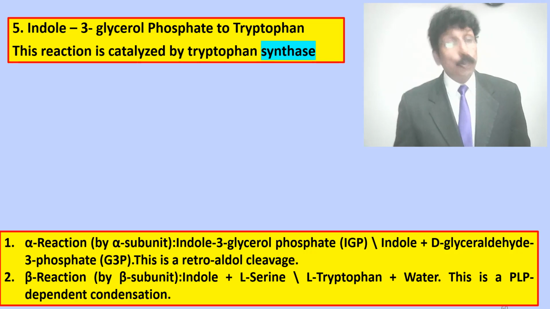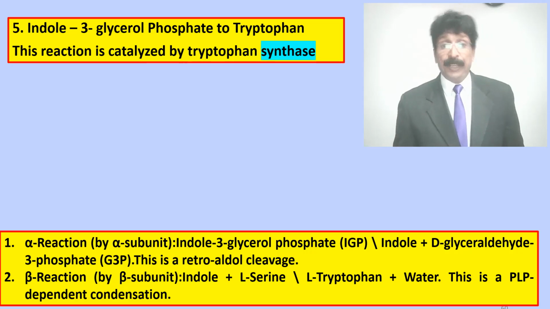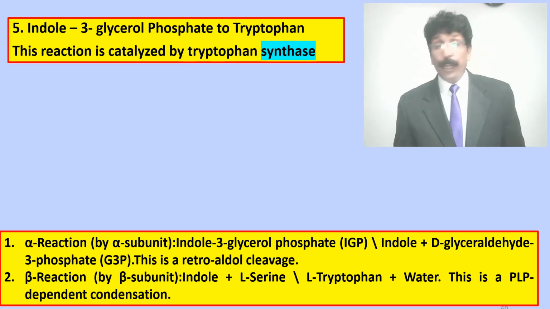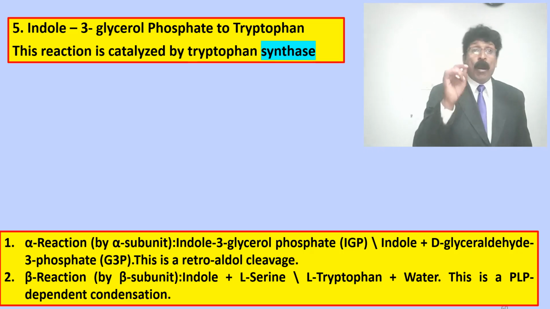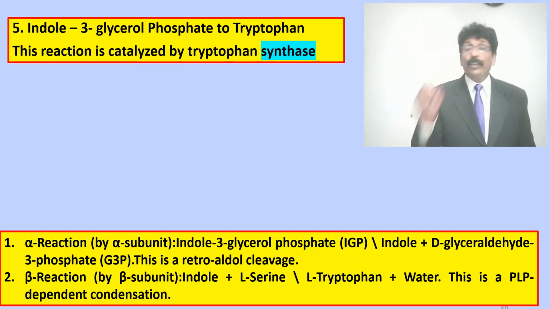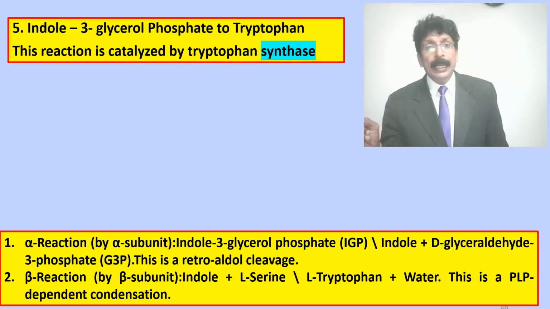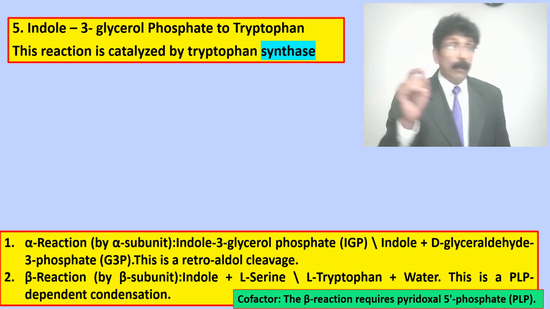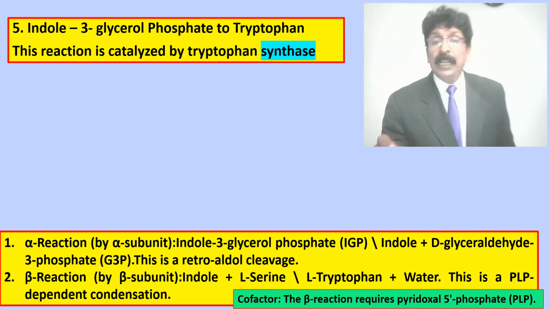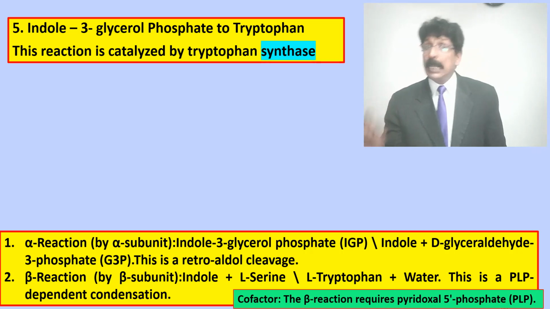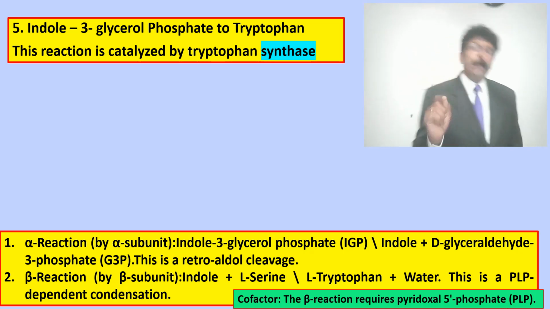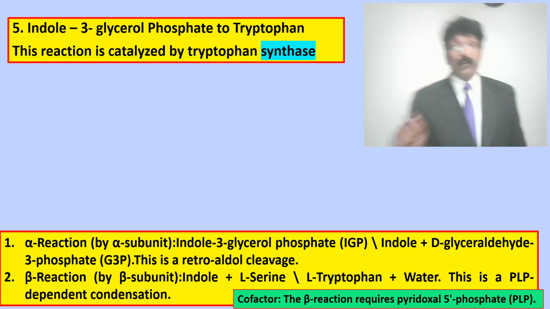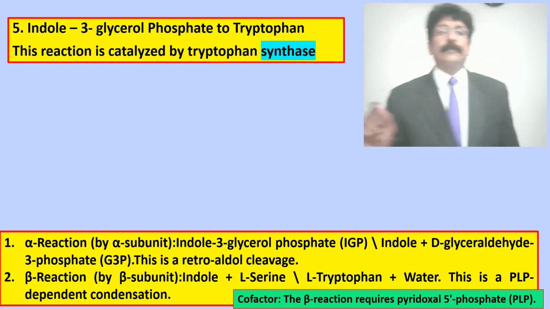So you can have alpha reaction or beta reactions of indole and D-glyceraldehyde, and this is called retro-aldol cleavage, or you can say PLP dependent condensation. The beta reaction requires pyridoxal 5-phosphate, PLP, as a cofactor for this reaction.